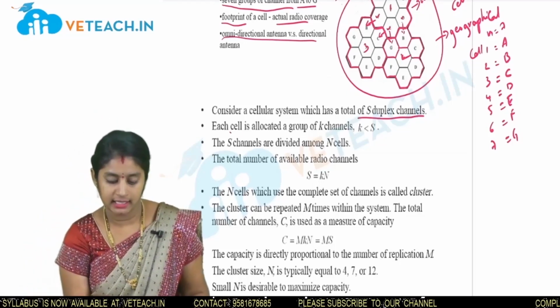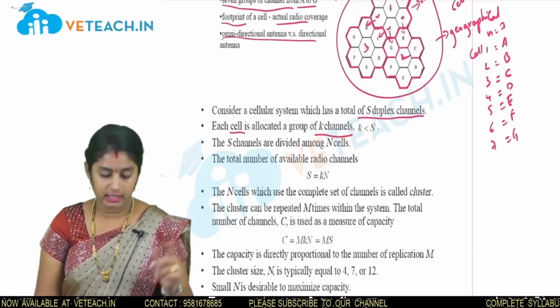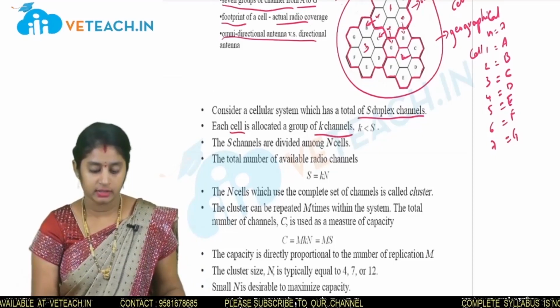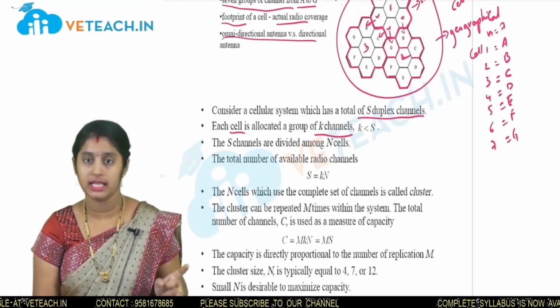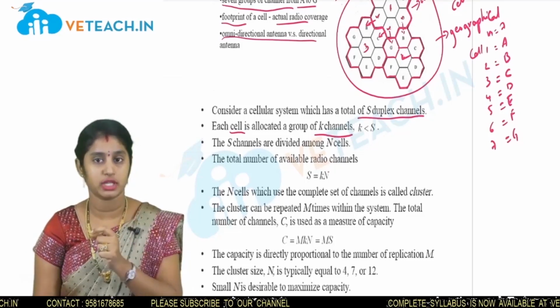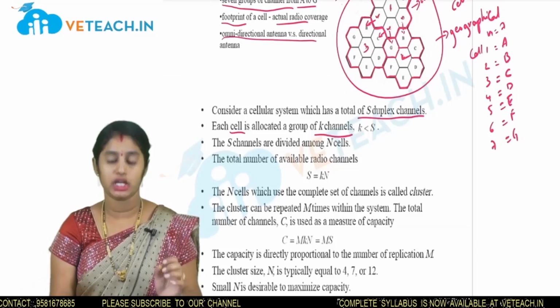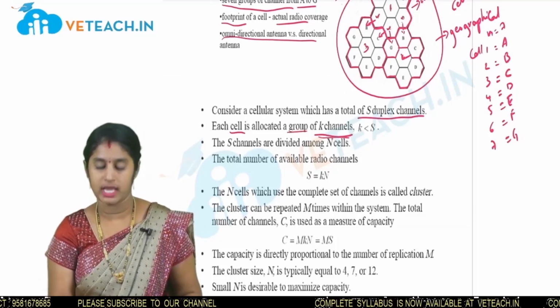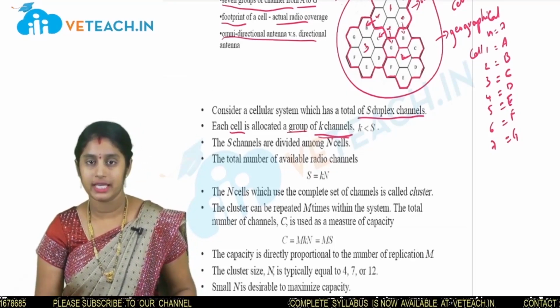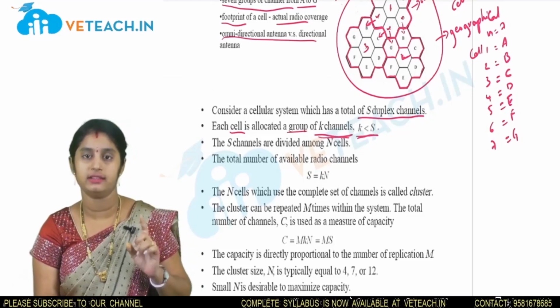So each cell is allocated a group of K channels. Observe clearly, the cellular system has a total of S duplex channels. That means S transmission lines and S receiving lines, and each cell is allotted a group of K channels. Now we take the condition that K should always be less than S.